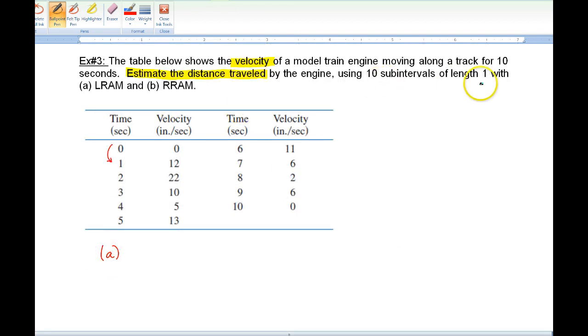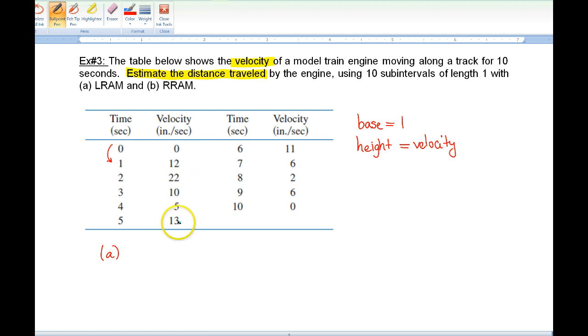So the same thing is going to be true for these. Now, subintervals with equal length. Okay, so we can see that the time interval, the base, is going to be 1 because it just keeps going up by 1 second. And the height is going to be determined by the velocity.